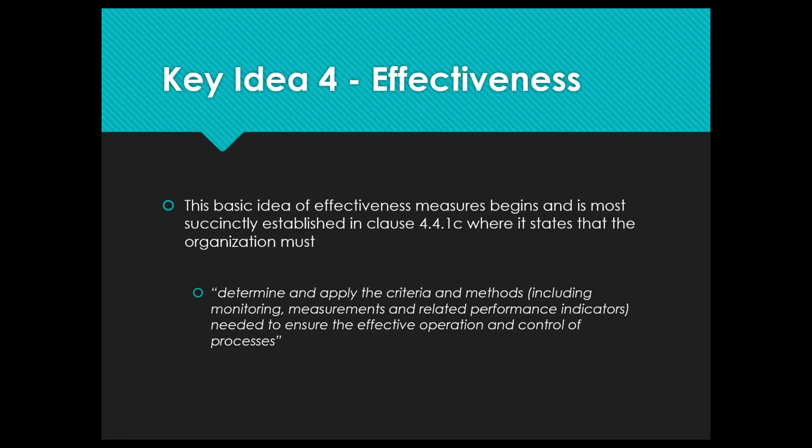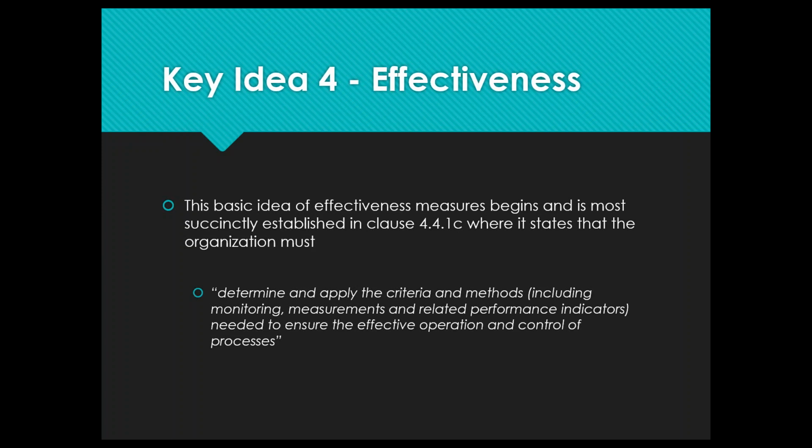And the verbiage is so strong, I've actually pulled it right out of the standard. It says that an organization has to determine and apply criteria and methods, which will include monitoring, measuring, and related performance indicators to ensure the effective operation and control of processes. And on the basis of that alone, you've got a fairly strong vote for monitoring effectiveness.